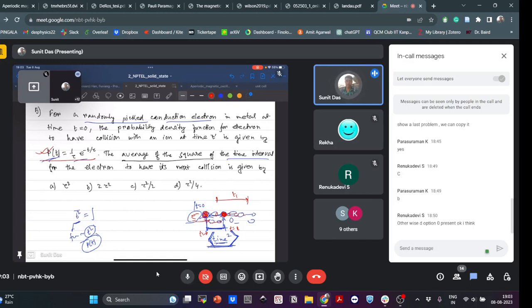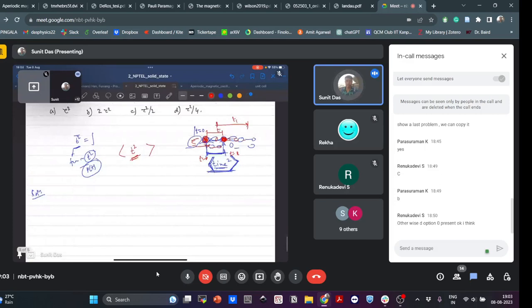What we need to find is that there is some time interval t between these two consecutive collisions. We need to find the average of the square of this time interval. So average of what? Average of the square of that time interval. This is what we need to find, and this is true for any probability function.